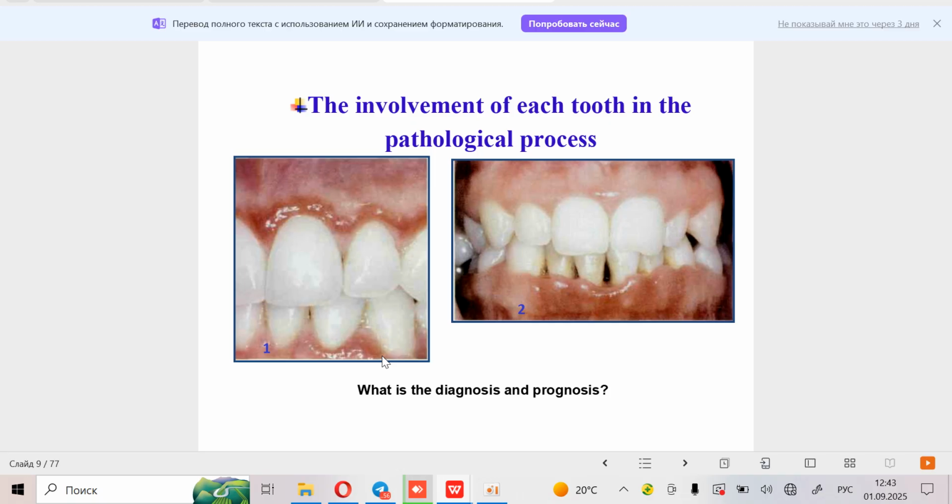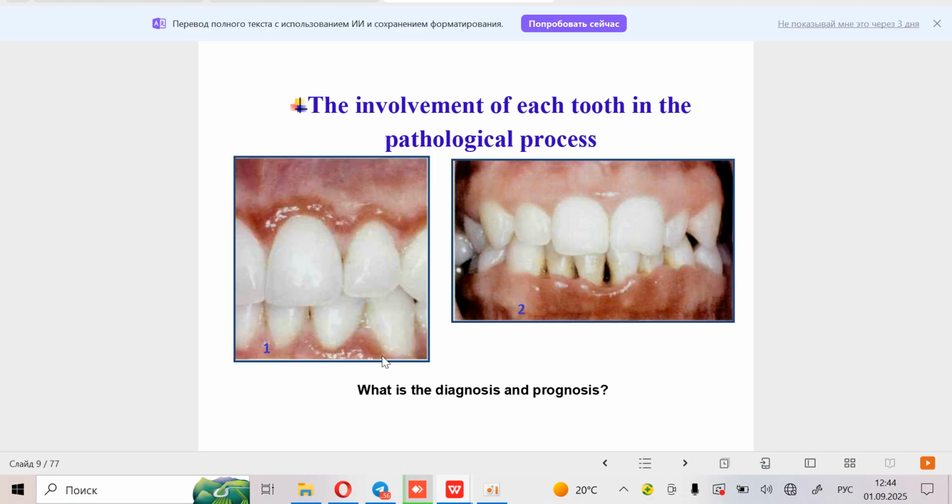There is a suspicion that there is a systemic pathology that is manifested in the oral cavity. That's why in this first case the prognosis will be poor.